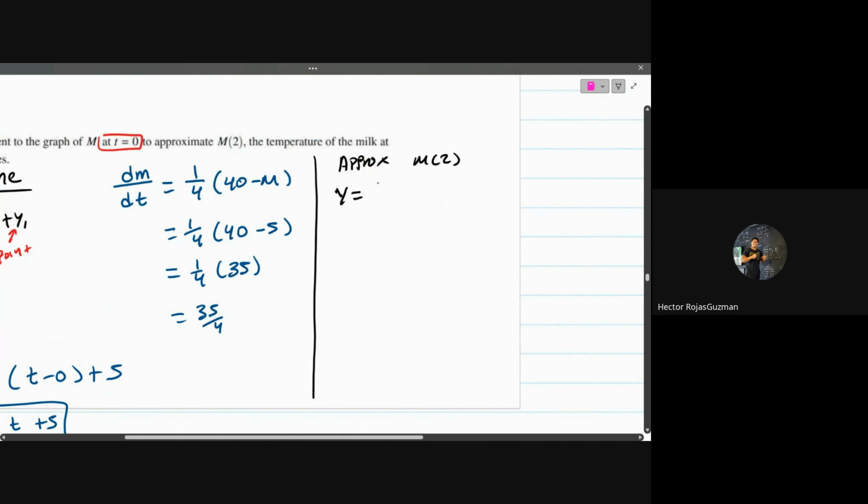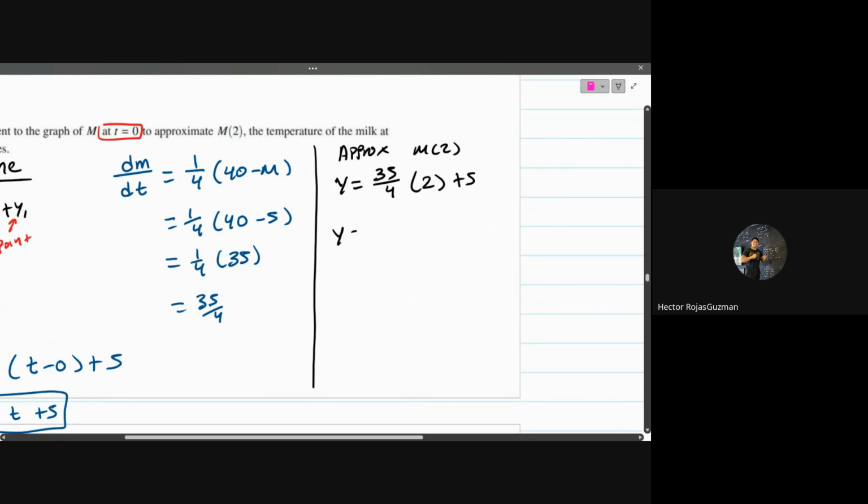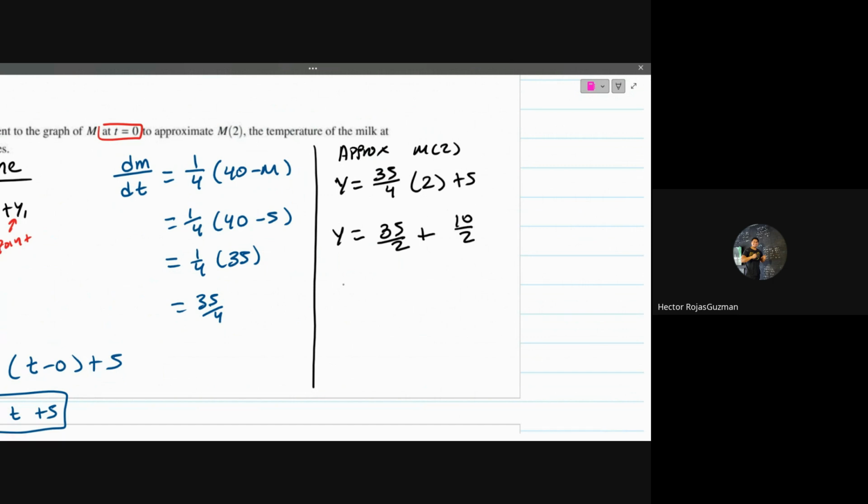To the tangent line, 35 over 4 times 2 plus 5, and we're going to simplify this. 35 over 2 plus 10 over 2, which is 45 over 2. Which, you know, is not that hard to do, so 22.5.